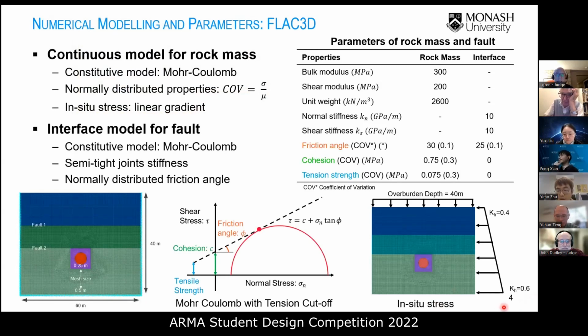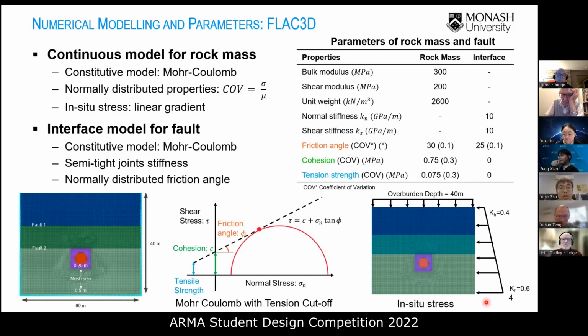Firstly, the KH of 0.4 and 0.6 is a given condition of this project, and the KH can vary a lot due to the in situ stress, especially at deep depths.